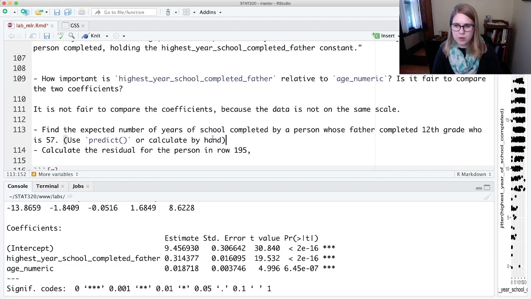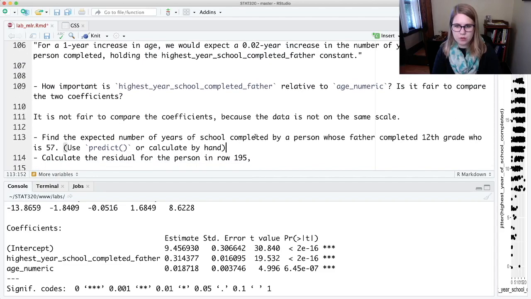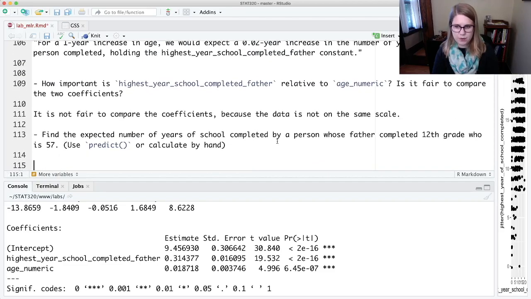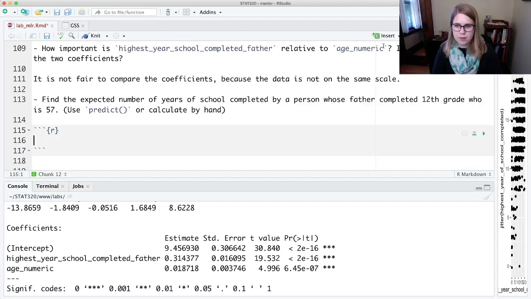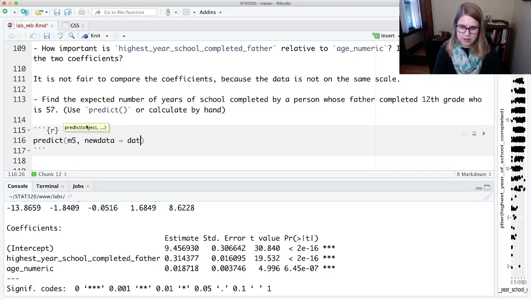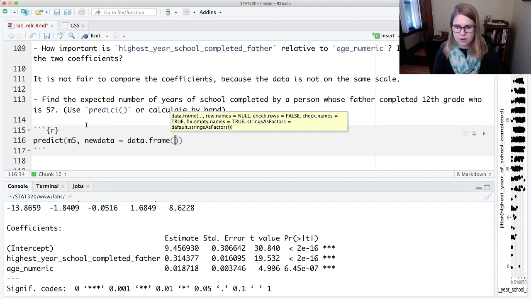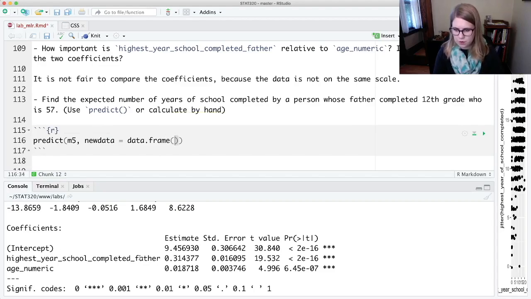And now we could find the expected number of years of school completed by someone whose father completed 12th grade and who is 57. Again, we could use that predict function. So I could predict M5. New data is a data.frame. And then I need to get my variable names exactly right.